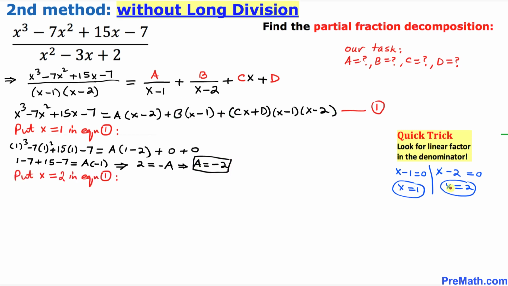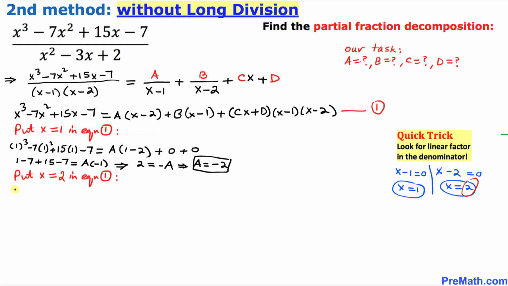And now let's focus on the other value of x, which is 2. And here I wrote down put x equal to 2 in above equation 1. So wherever we see x, we are going to replace it by 2. Let's do that one.